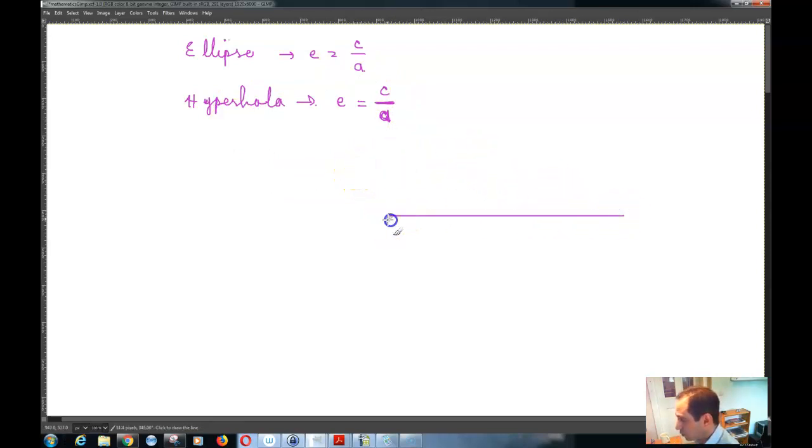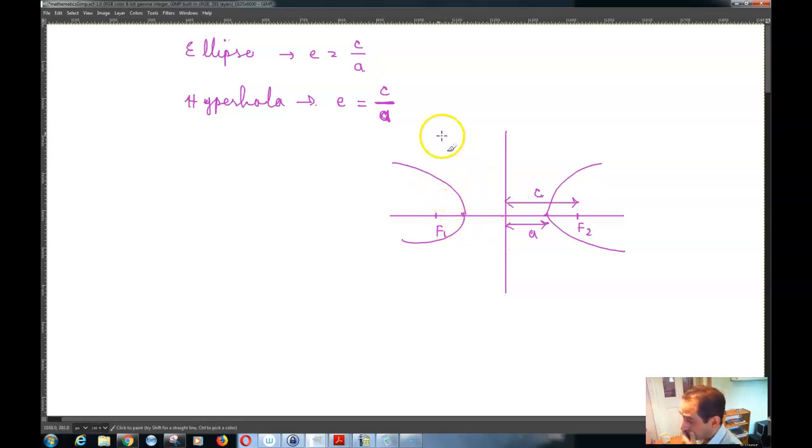If you have a hyperbola over here, and these are your foci F1 and F2, then you know that this distance is A, and this distance is C. The same thing over here, this distance is A and this distance is C. You can see that C is greater than or equal to A, meaning that the vertex of your hyperbola can go all the way up to 0, or it can go all the way up to F2, and then your hyperbola gets a little bit wider.